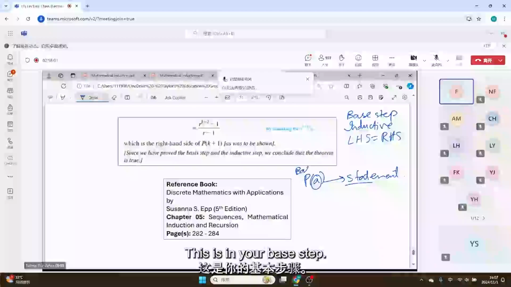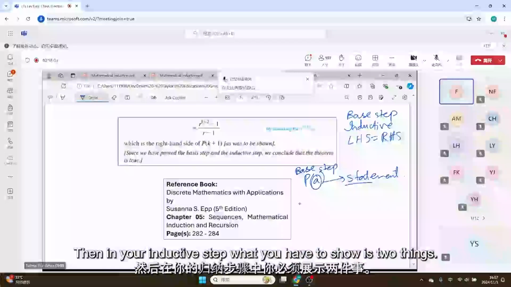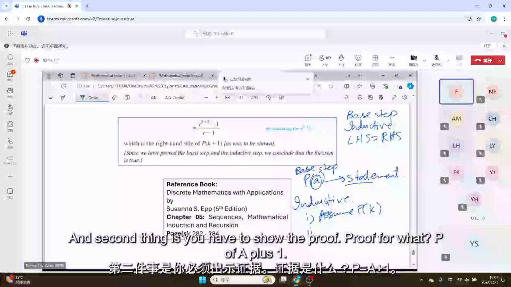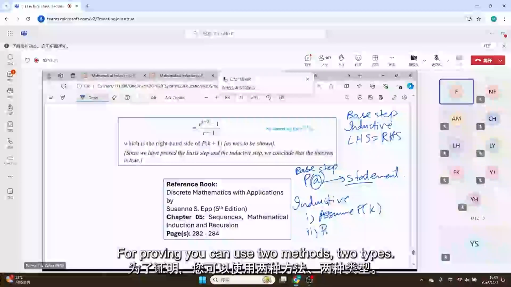Then in your inductive step, you have to show two things. First, you have to show the assumption, and this will be the same for all types of questions, just that you replace every n with k. And the second thing is you have to show the proof. Proof for what? P of k plus 1.